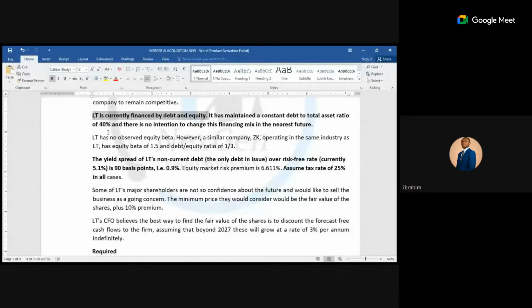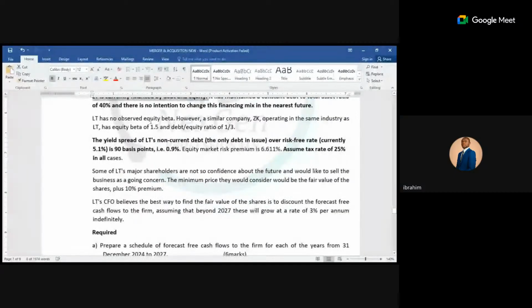Your net asset is equity, right? Debt to asset is debt to equity, right? And we have 40%, meaning that the value of debt will be 40 and the value of equity will be what? 100. And there is no intention to change this financing mix in the nearest future. The company is being financed by debt and equity.